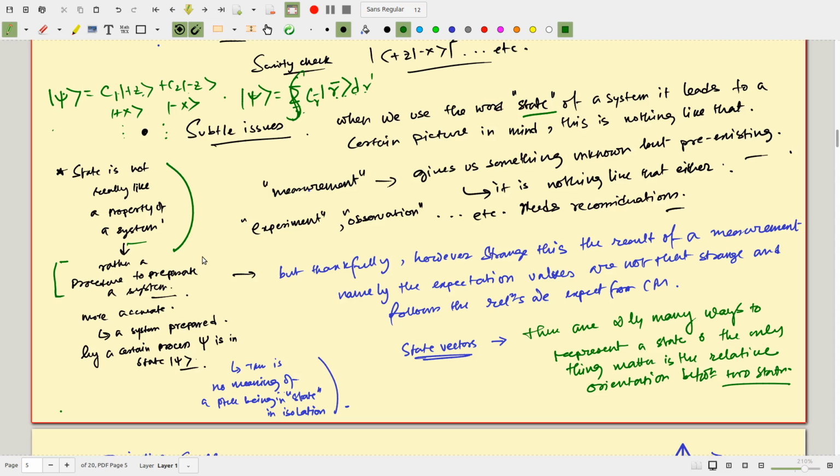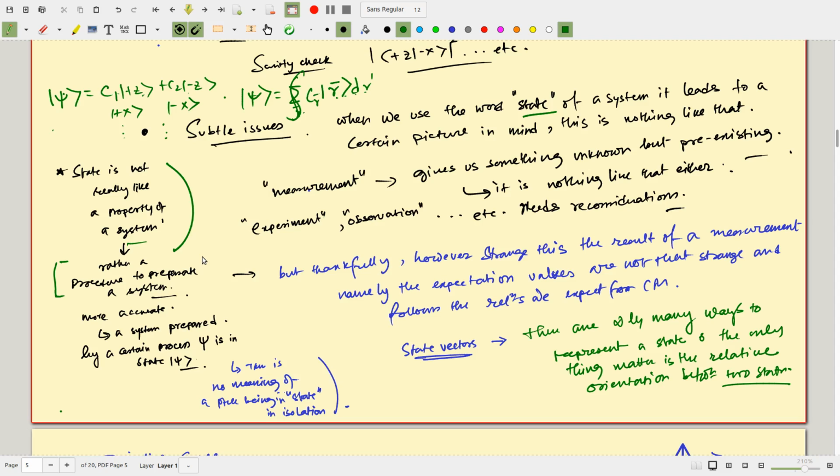Also note that we are using the word state to describe a procedure or a prescription to predict the outcome of a particular experiment, and also a state vector. Since this is not physical, there is one level of weirdness: there are infinitely many ways to represent that state as a vector, and that is why these states mathematically are not really vectors, they are rays.